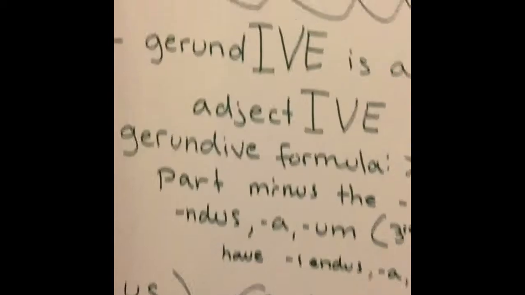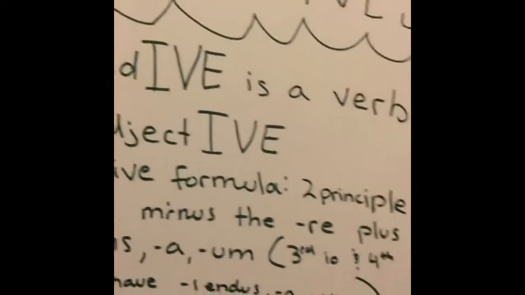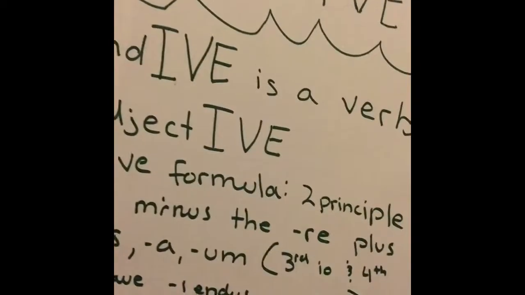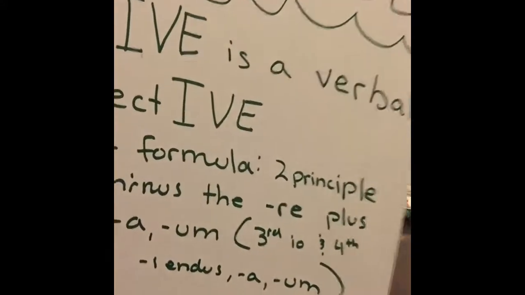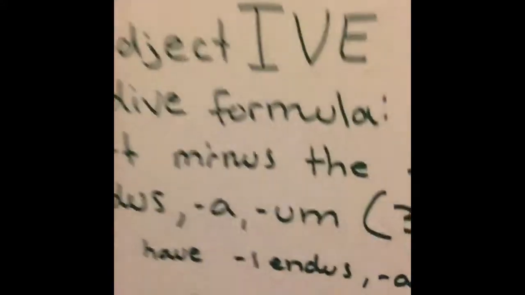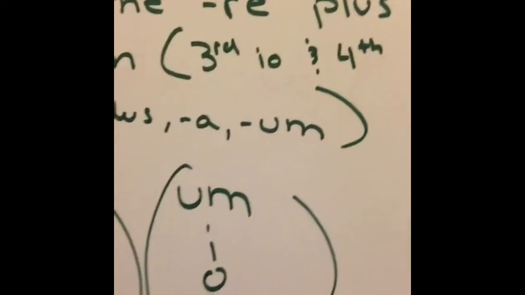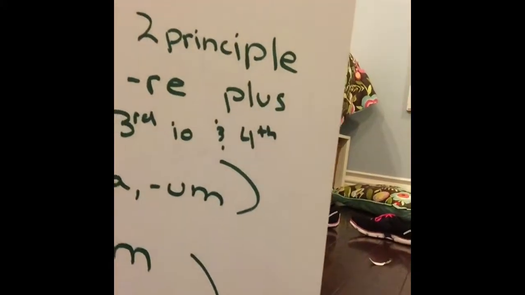So here y'all can see the gerundive formula: second principal part minus the re plus ndus, nda, ndum, except for the third io and fourth, which have iendus, ienda, iendum. So just remember that, because I don't want y'all getting to the test and not even knowing that they're different in the third io and fourth, because that would be bad, you'd miss it.